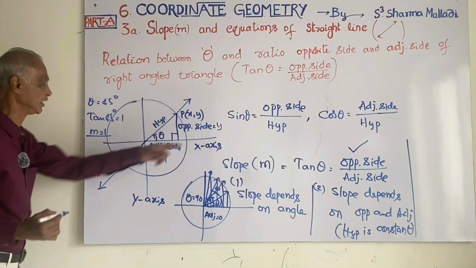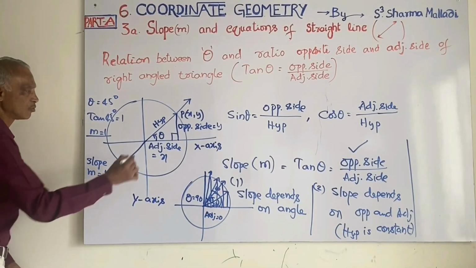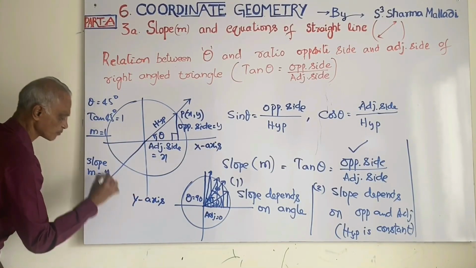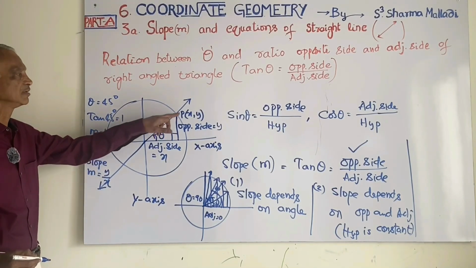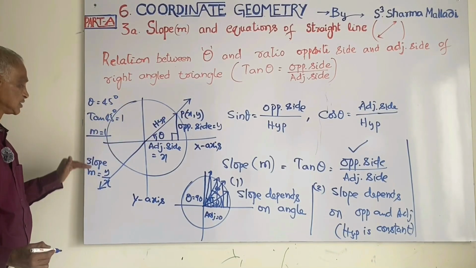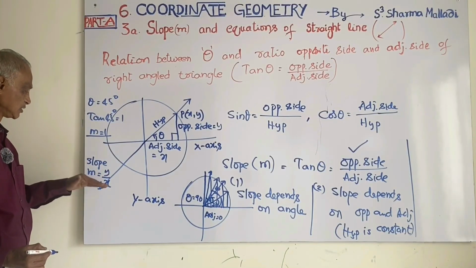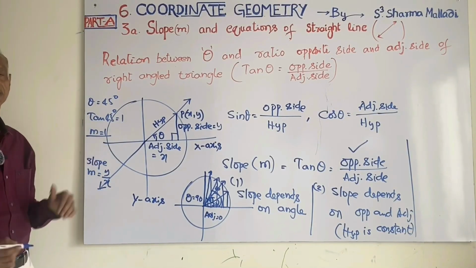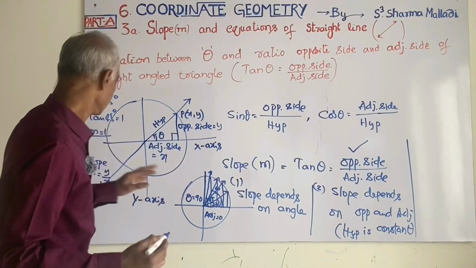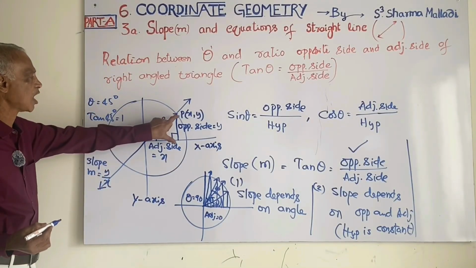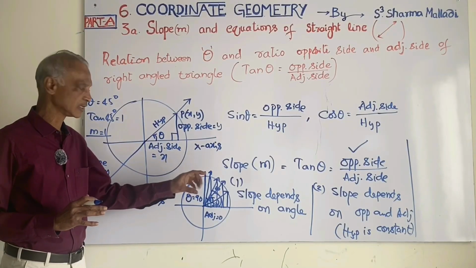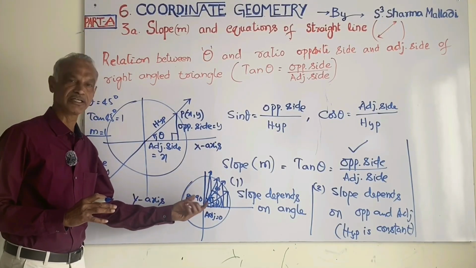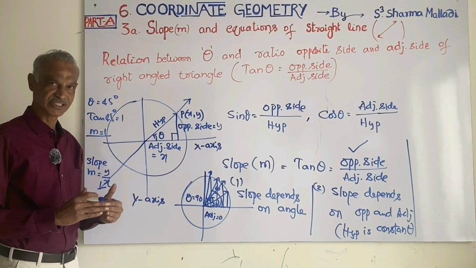What is the opposite side here? y. And what is the adjacent side? x. As a point P(x, y) is given, the opposite side is y and the adjacent side is x, then we can find the slope of the line, that is y by x, meaning opposite side by adjacent side.